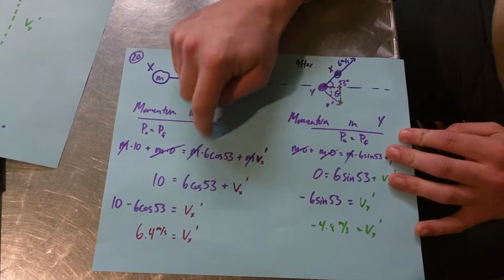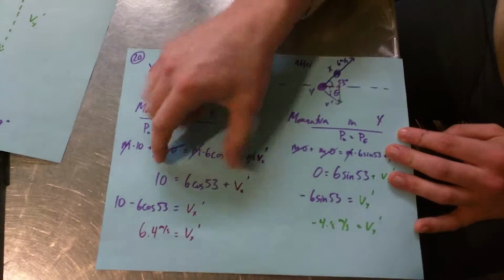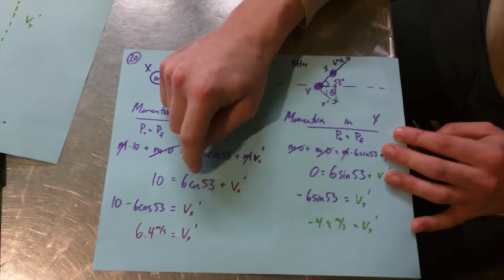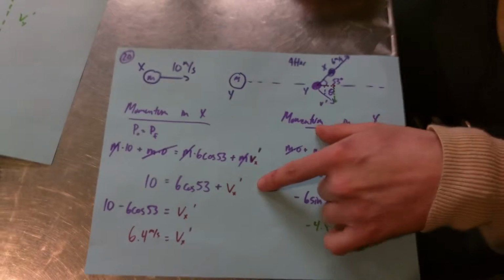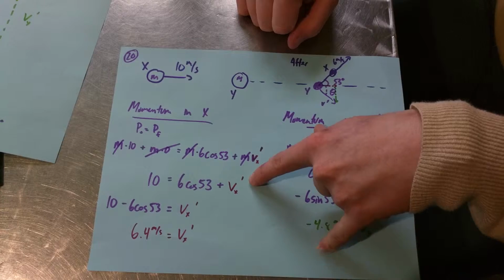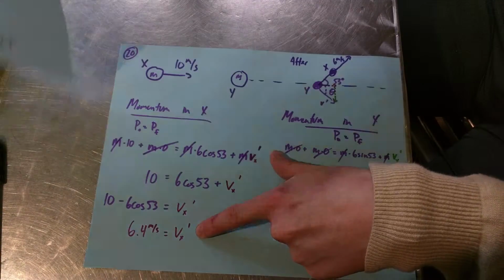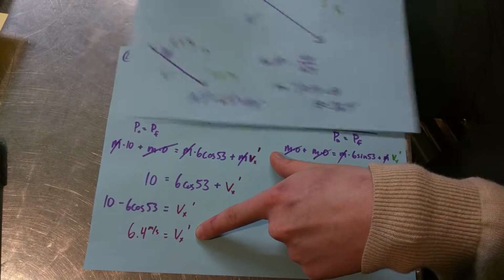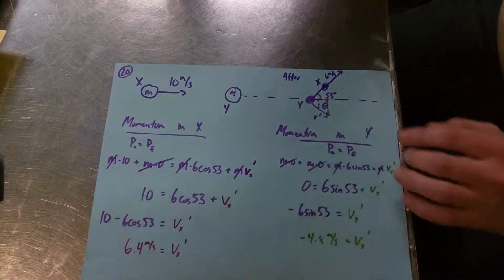The m's cancel out because it's in every term. My m times 0 doesn't matter, so I'm left with this expression. 10 equals 6 cosine 53 plus velocity x of ball y. So I can solve for that and get a velocity in the x direction of ball y of 6.4 meters per second.